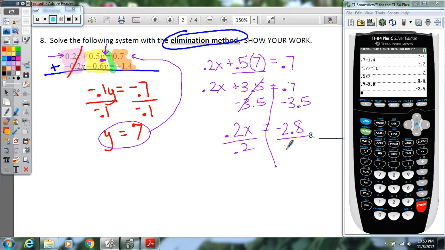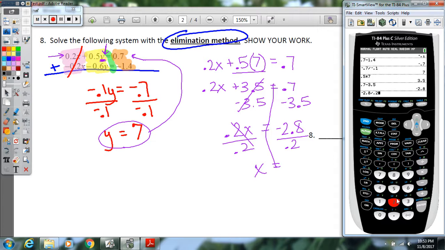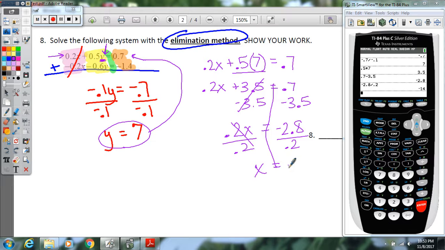On both sides, divide by 0.2. That's going to give me x is equal to. Then, lovely calculator, negative 2.8 divided by 0.2. Don't forget, when you're dividing, the top number goes in the calculator first. And guys, x is going to be equal to negative 14.